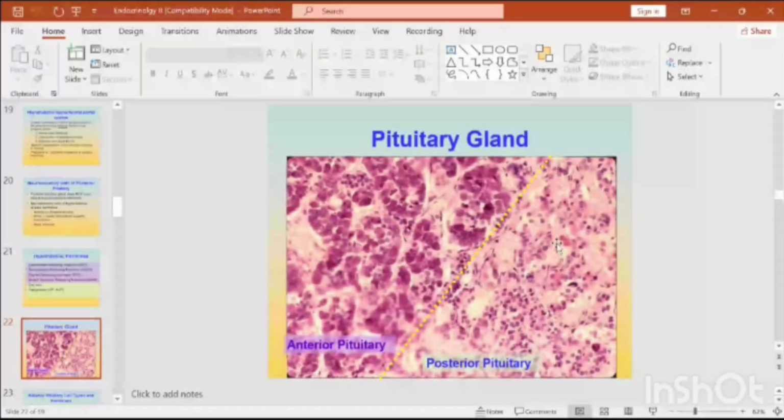This distinguishes between the anterior and the posterior, and indicates an active production of hormones, as shown by the activity of the nucleus. However, on the posterior side, you can appreciate several vesicles and there is no active production of hormones. We'll get into that in detail.